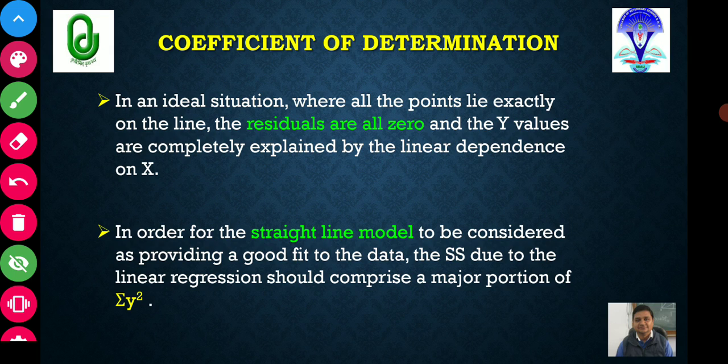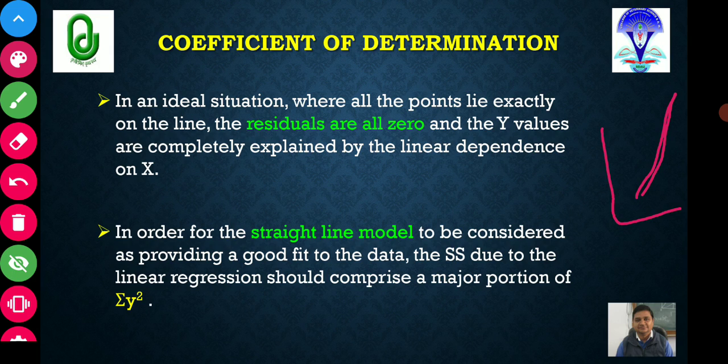See, in an ideal situation, suppose all the points lie exactly on the regression line, on a line. That means the x variable is able to explain all the variation present in y.